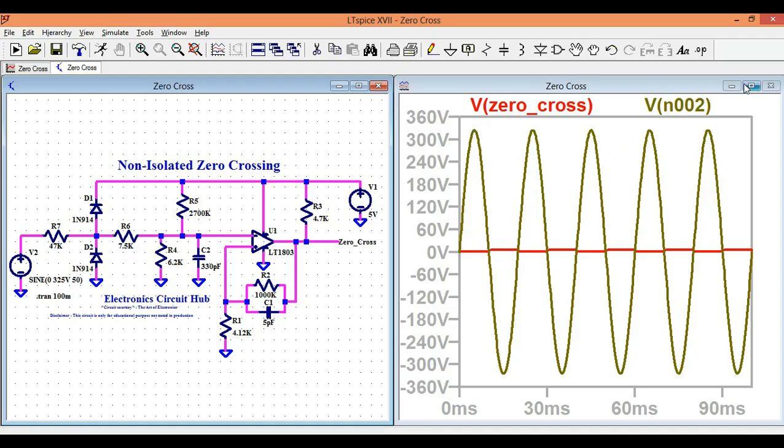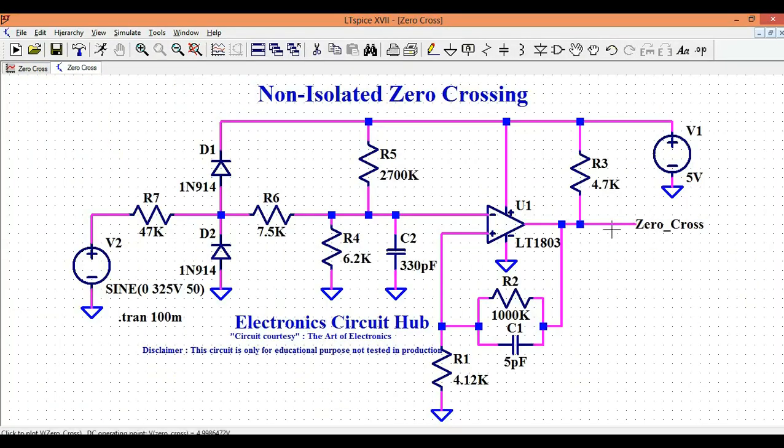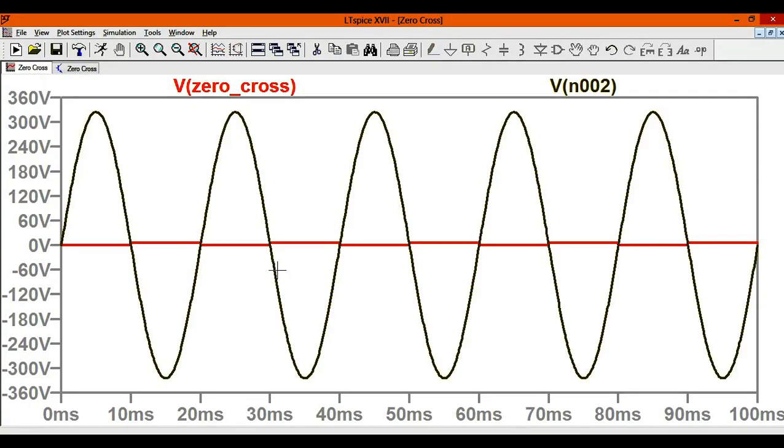But what you need to understand here is that whenever your sine signal is crossing the zero level, we see the logic change at the output of the operational amplifier. The voltage at the output of the operational amplifier looks like red, and exactly at the same time, whenever your sine signal crosses the zero level, it changes the logic.